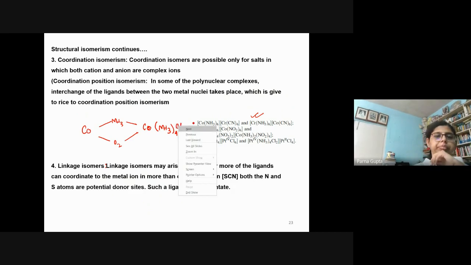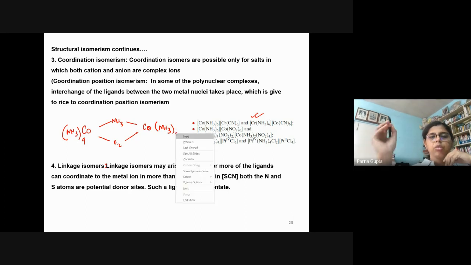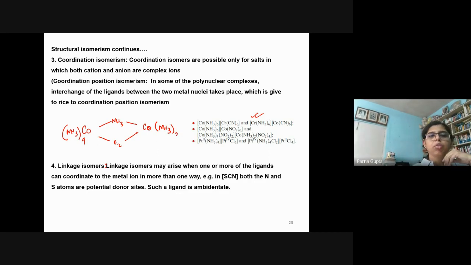And then Cl, and then it has NH3, 4, NH3, 1, 2, 6, 1, 2, Cl, and then it might be, next one is Cl3, Cl. So these are again very easy things.